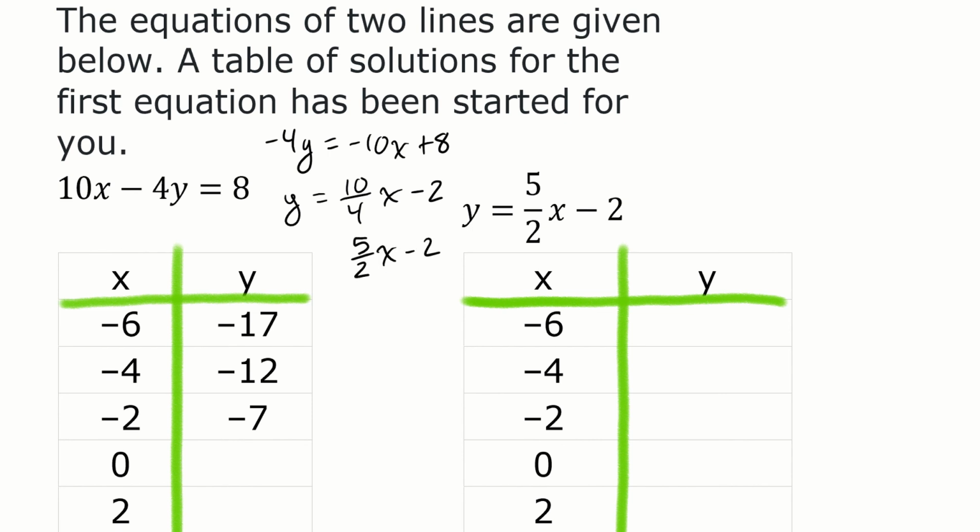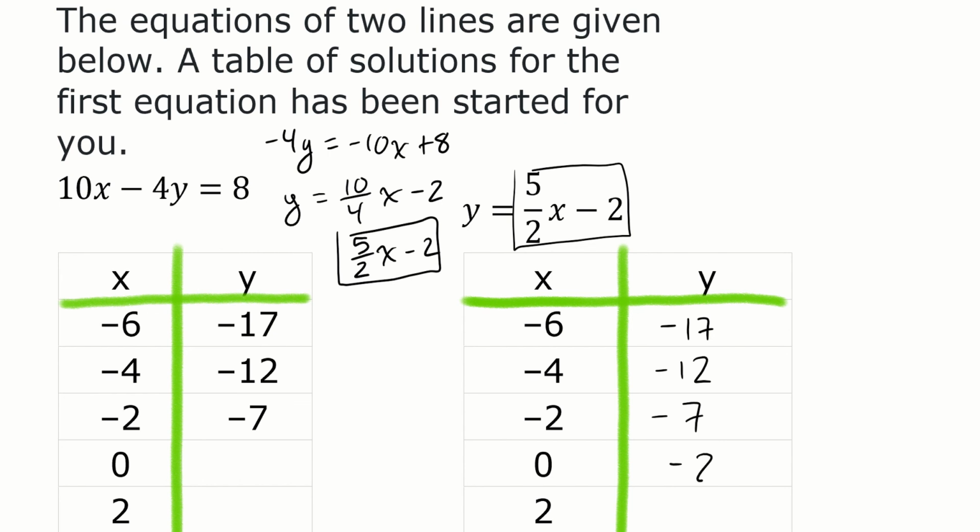So what's different this time around is it turns out that both of these equations are y equals 5 halves x minus 2. And I already saw, because I plugged these values in below, that this is negative 17, this is negative 12, this is 7. I'm pretty sure this is negative 2 for two reasons: it's the y-intercept, and I can also see this pattern.